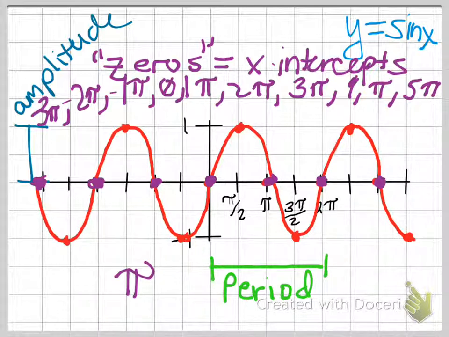So that means 1, 2, 3, 4, 5, 6, 7, negative 2, negative 15, positive 36,643. It doesn't matter. As long as it's a whole number in front of pi, I'm going to have an x-intercept, or a zero, there.